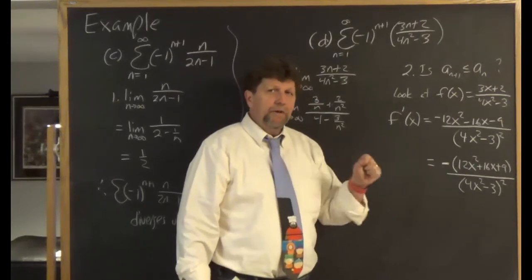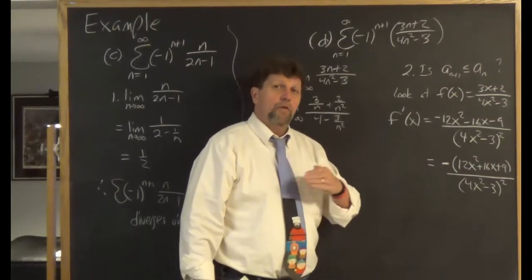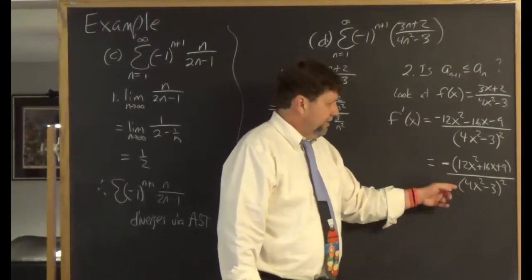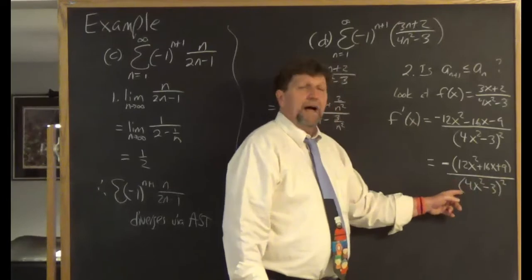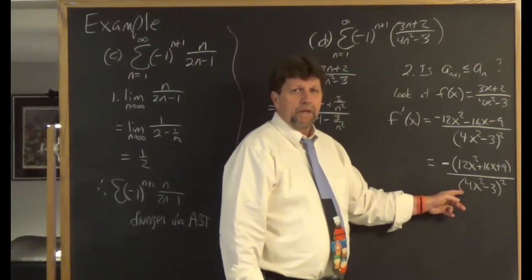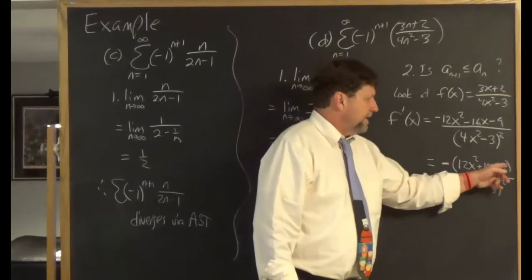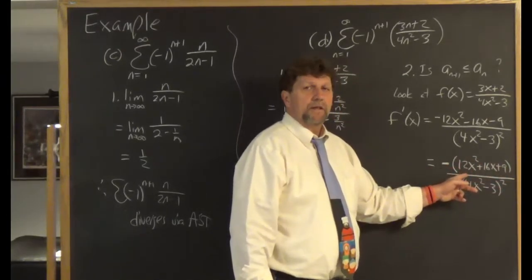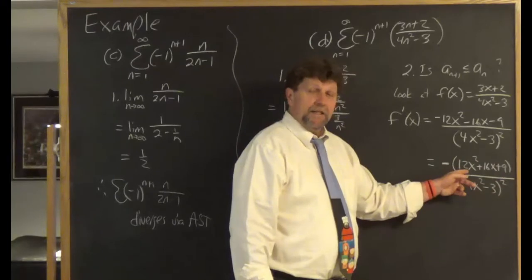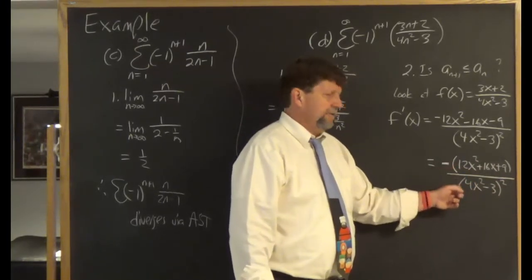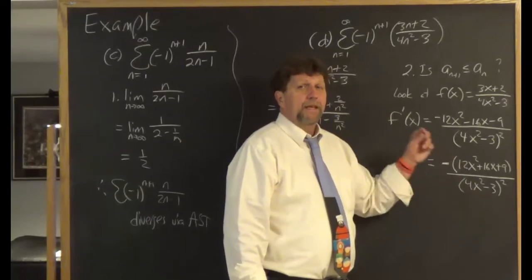So no matter what real number you pick in the interval 1 to infinity, and you toss it in for x into the derivative, the denominator is always positive. Any real number that comes in here for x is going to produce a positive number inside the parentheses. The opposite of a positive is negative, and the denominator is always positive. So negative divided by a positive is negative.